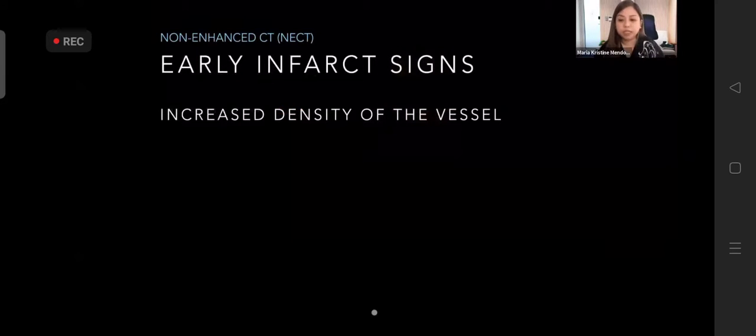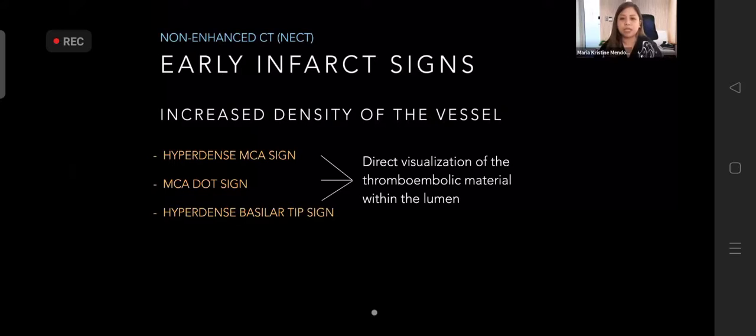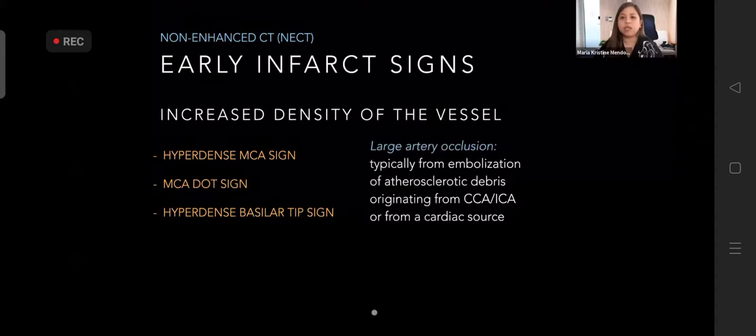Okay, so we are done with the early infarct sign of loss of gray white matter differentiation. Another early infarct sign would be the increased density of the vessel, and this will include the hyperdense MCA sign, the MCA dot sign, and the hyperdense vascular tip sign. These signs are actually seen in the CT scan as a representation, or really the direct visualization, of the thromboembolic material within the lumen of these vessels.